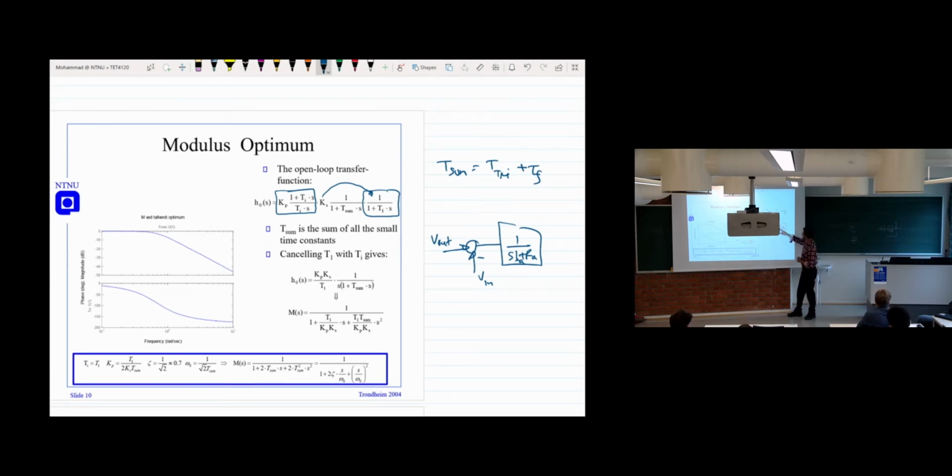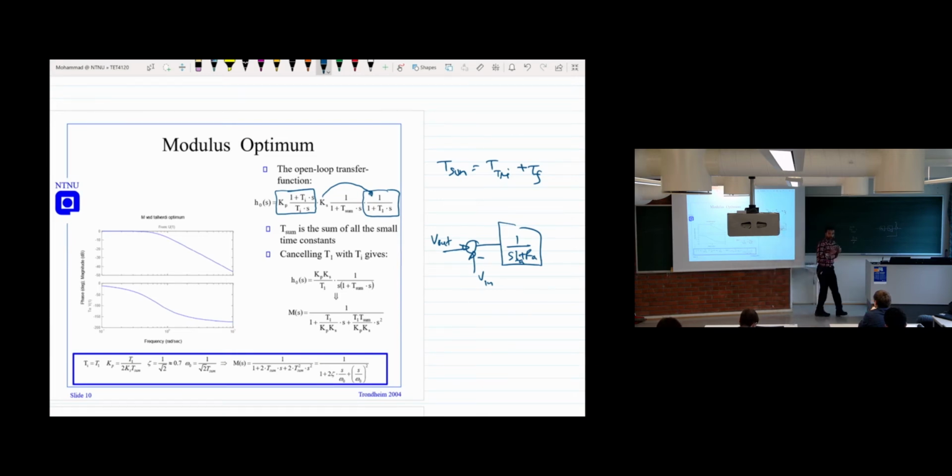T1 is L over R. That gives you T1 here. So now you have 1 plus T1 S and 1 plus T-sum S. And this T-sum is very, very small because you have a very high carrier frequency. Then you will see the dominant time constant is T1, which is large compared to T-sum.